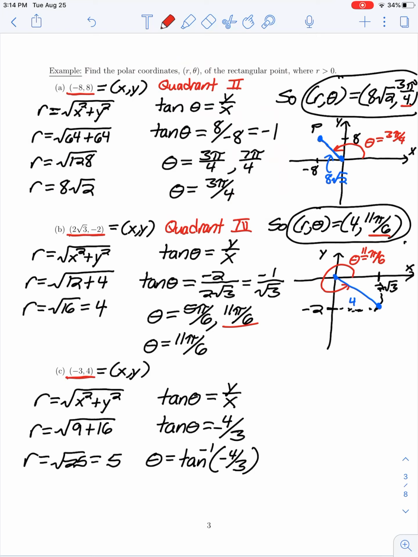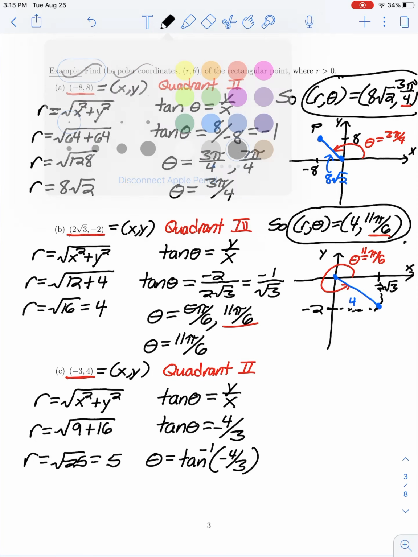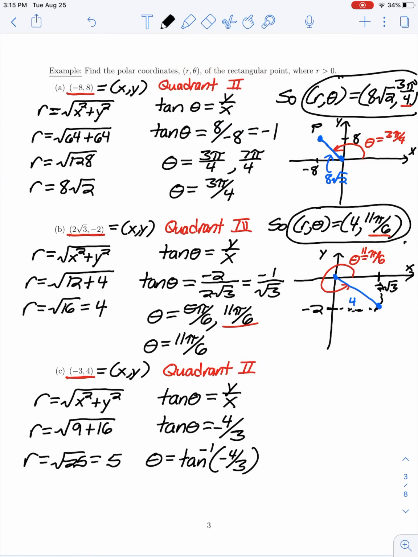So here the point we're given is negative 3, positive 4, which means that we lie in quadrant 2. But let's think about where this arctangent angle lies. So I claim that this expression, arctangent of negative 4/3, lies within the interval from negative pi over 2 to 0. That is, I claim this angle lies in quadrant 4.